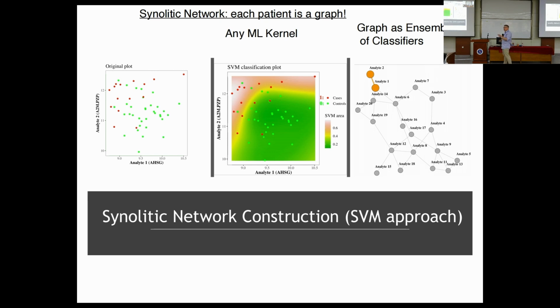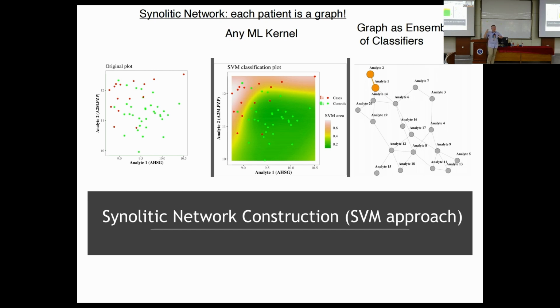Then with any well-established machine learning kernel, in this case the best results were obtained with radial support vector machines, we obtained a boundary between healthy and unhealthy patients, and then the probability of belonging to the class of case patients. This probability was put as the weight of the corresponding graph edge.